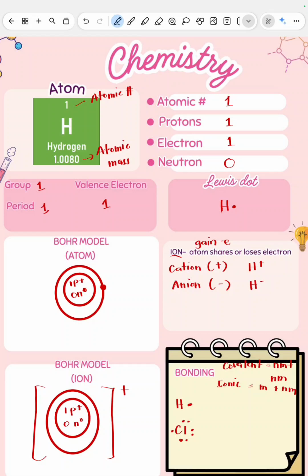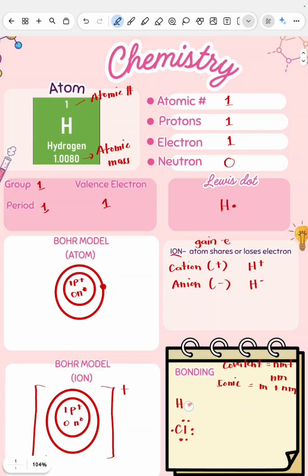Hydrogen will become stable if there are 2, like this. So both of them will share each electron together and form a covalent bond. So it will become like this. Okay, if we count hydrogen, 1, 2, and then chlorine, 1, 2, 3, 4, 5, 6, 7, 8. That's it.